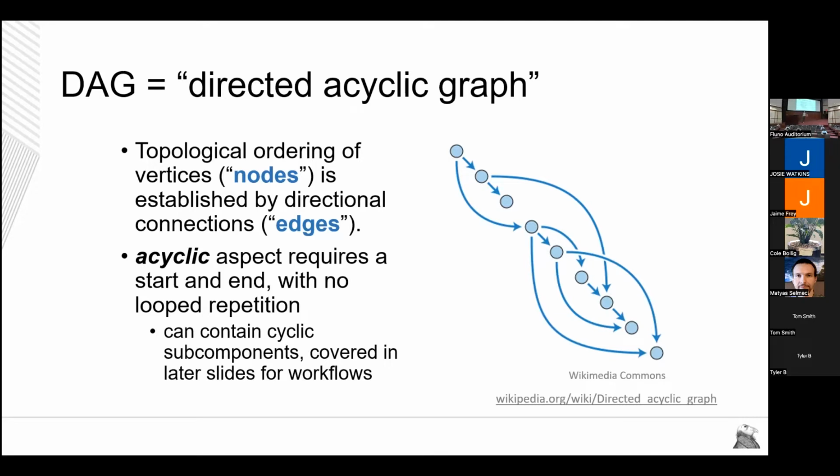We don't want something that's going to continue unchecked in a cyclic, never-ending manner. We want it to end or choose to exit at some point, even if we need some components to be iterated over or cyclically repeated. And we'll talk a little bit about exactly how you can achieve that sort of repetition in DAGs within Condor.